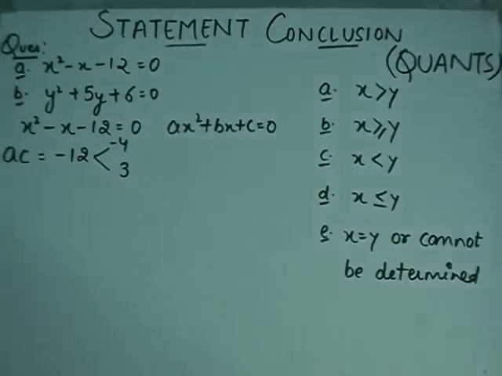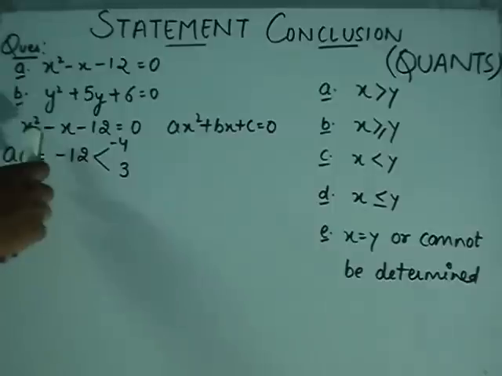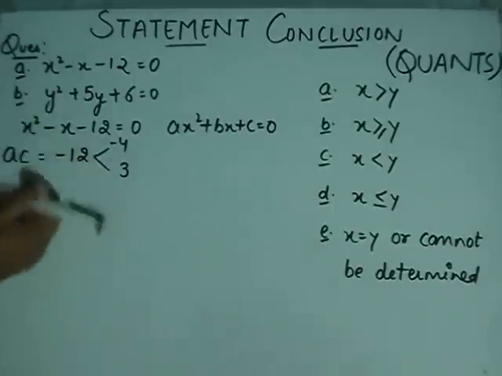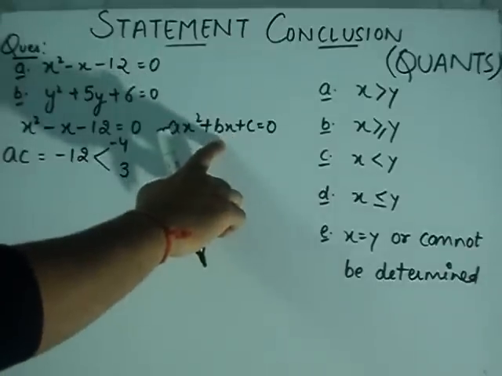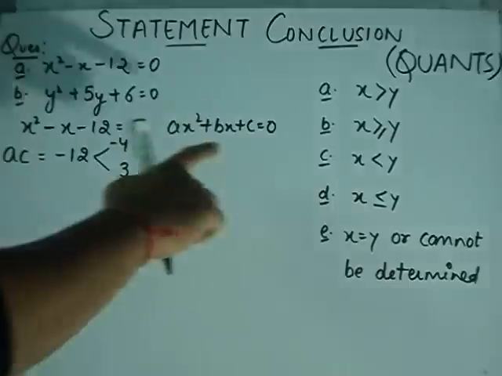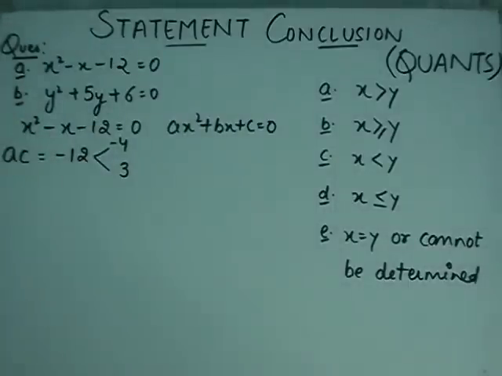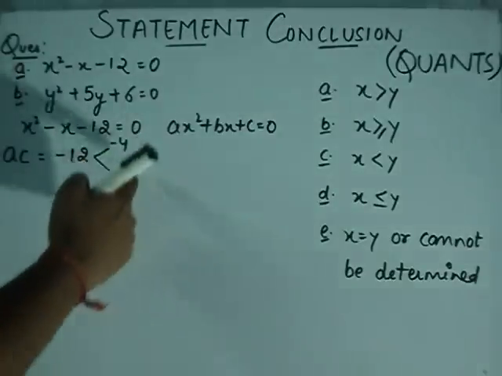One shortcut trick: when the sign of the coefficient of x, which is b, and the sign of the constant term are both minus, then one root would be positive and the other would be negative. So these are my roots.